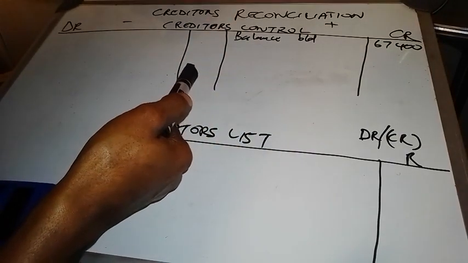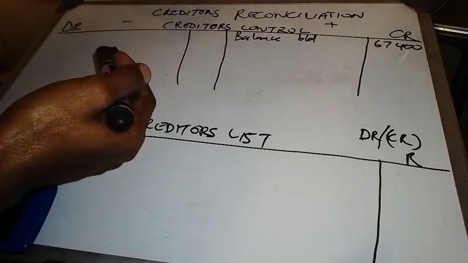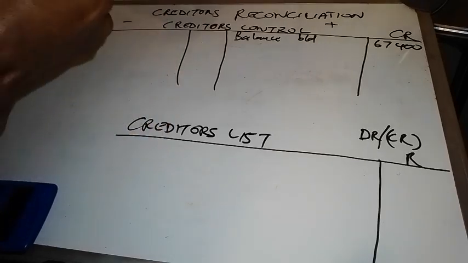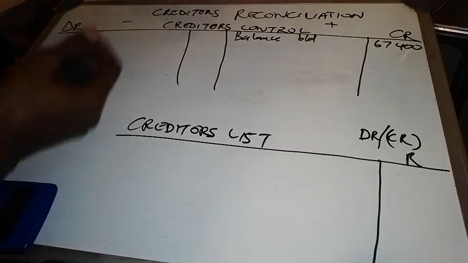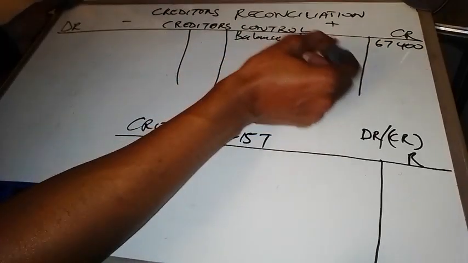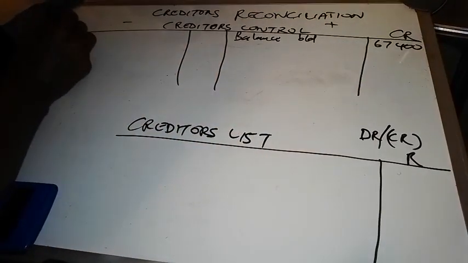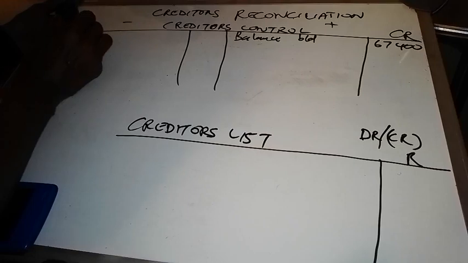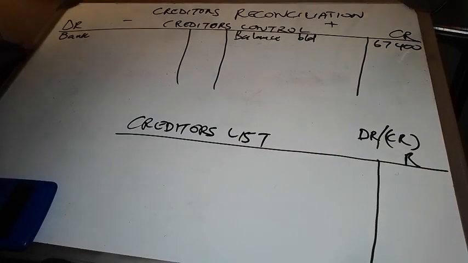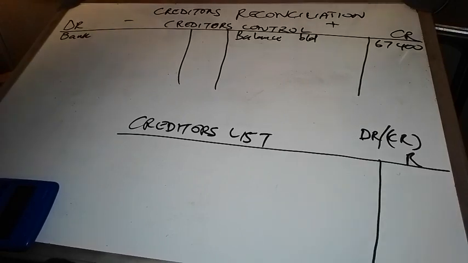So this amount, which is the total of creditors in the CPJ, represents the payments by us, the business, to the creditors. Whenever the creditors are being paid, it means the balance reduces, right? They are decreasing. So we're going to debit bank.